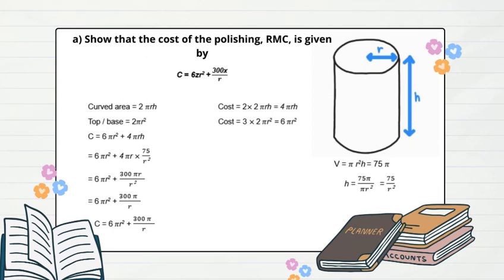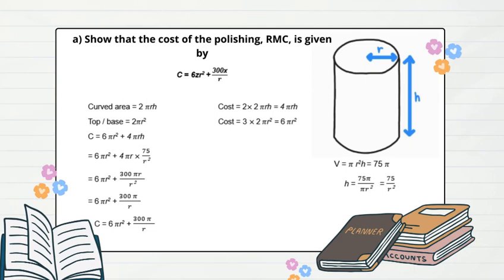So look at the diagram of the cylinder. Under this we'll write a little bit of information: pi r squared h equals 75 pi, given in the question. What we'll do now is rearrange this to find what h equals so that we can eliminate h from this equation. So h equals 75 pi over pi r squared, which equals 75 over r squared.